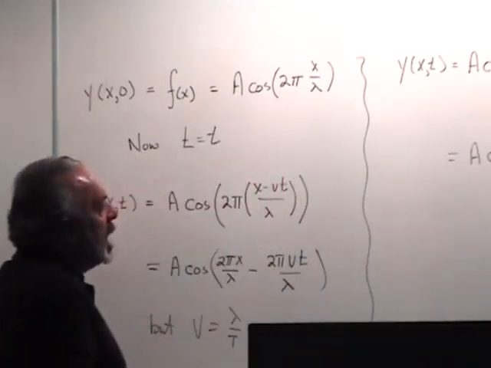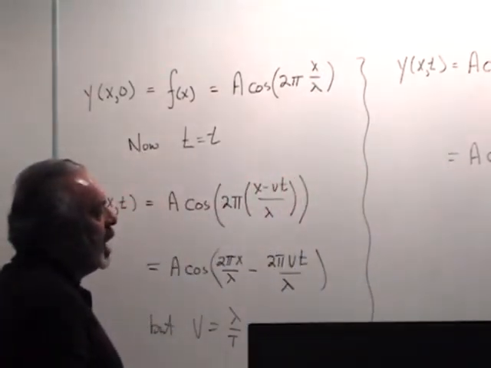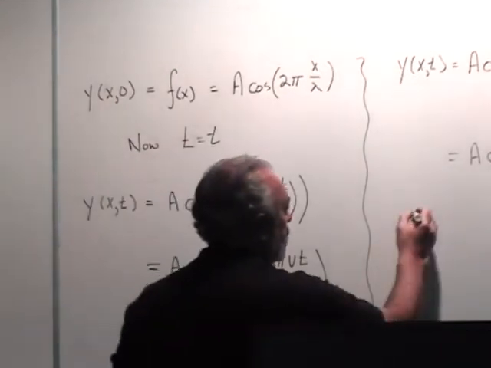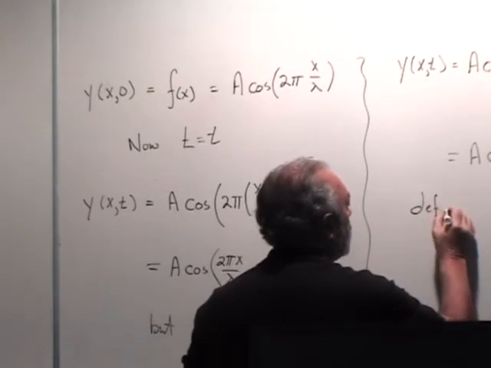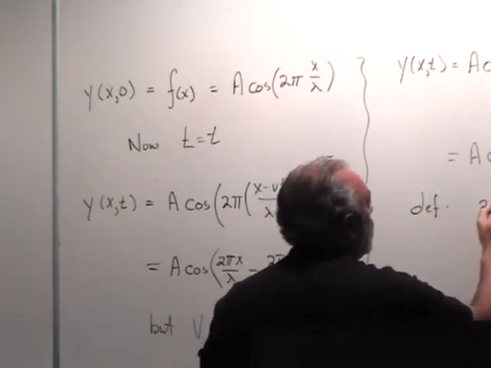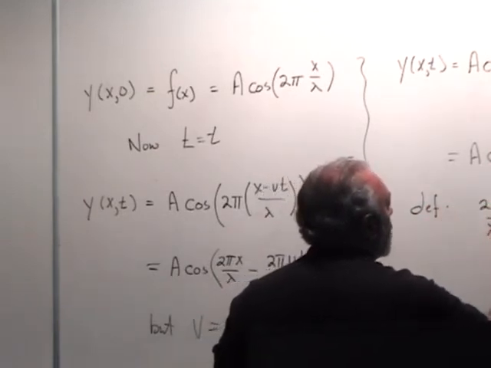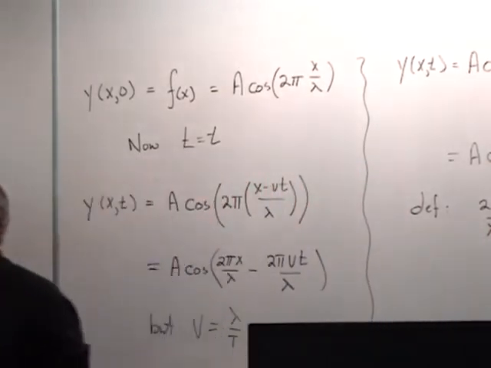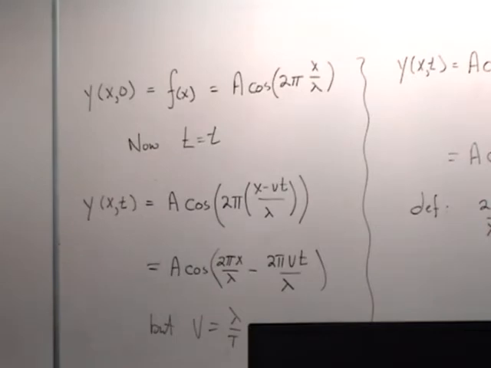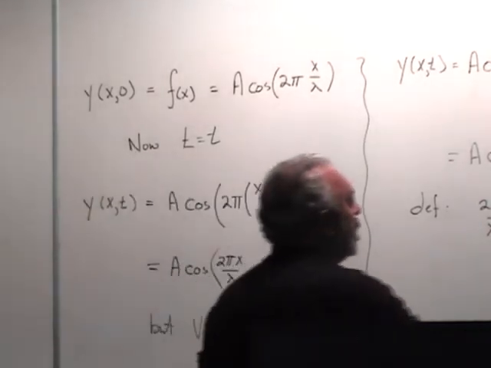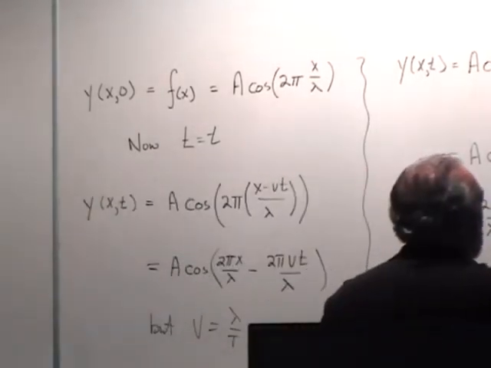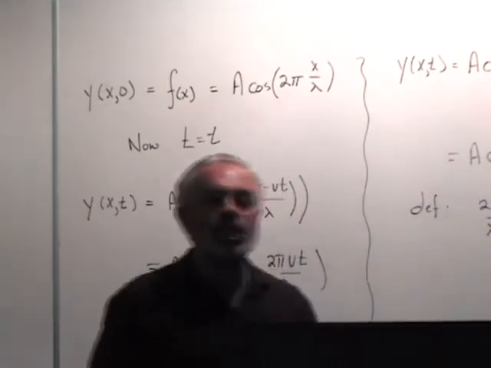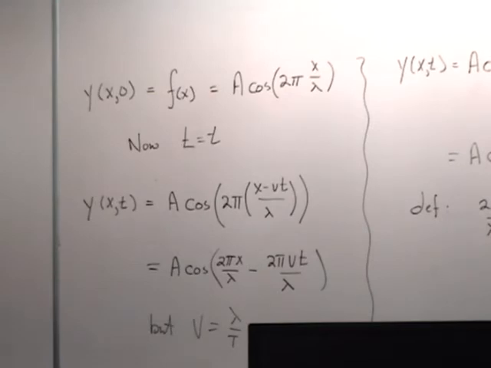And now we have the nice cleaned up version of our waveform, but it's conventional at this point to make this definition. 2 pi over lambda is called k, or it's simply referred to as the wave number, and 2 pi over T is omega, which is the so-called angular frequency.